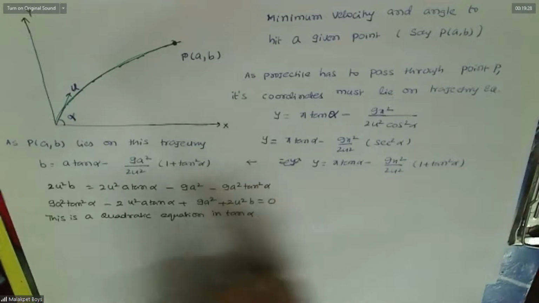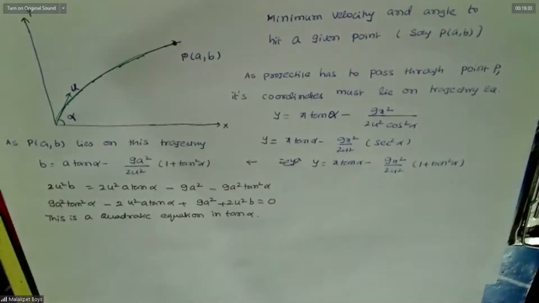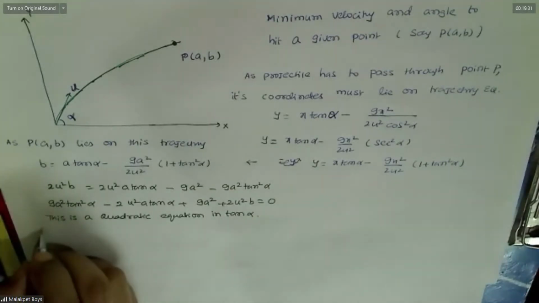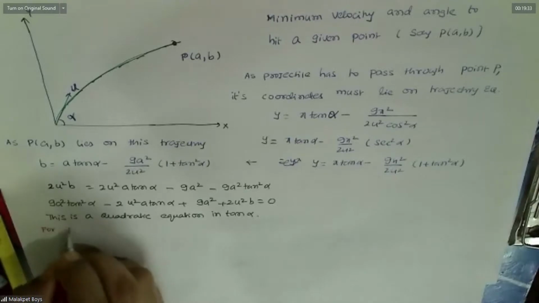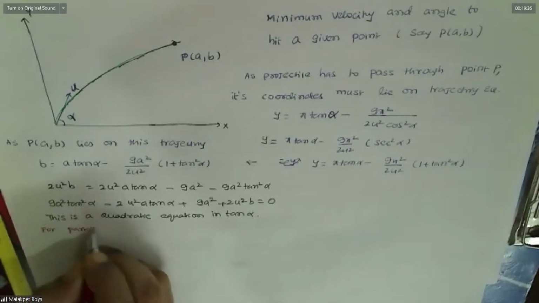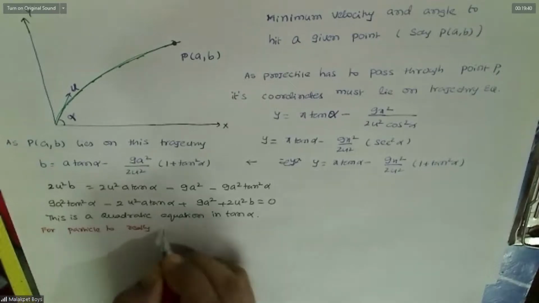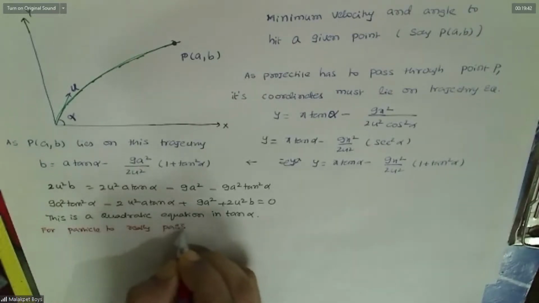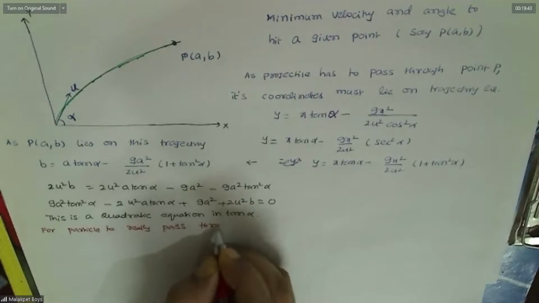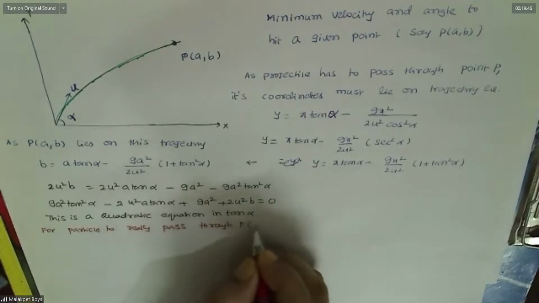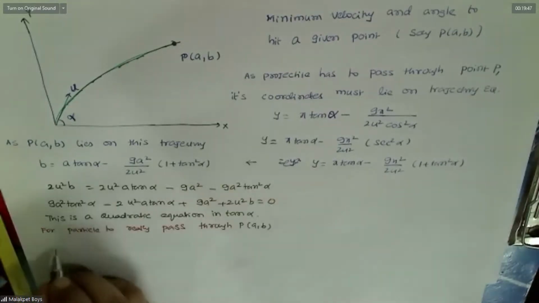Now here, for the particle to really pass through point P, what should be real?